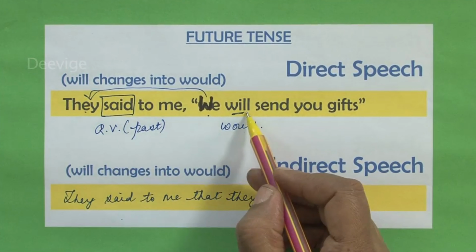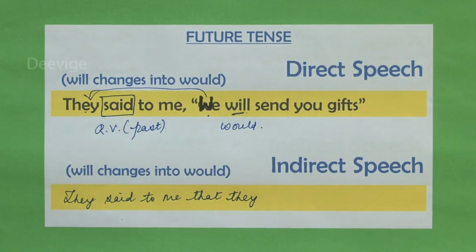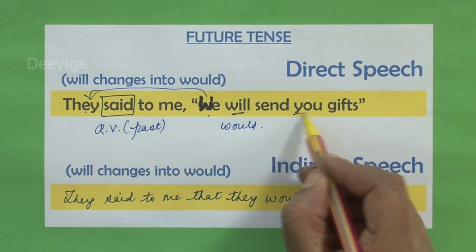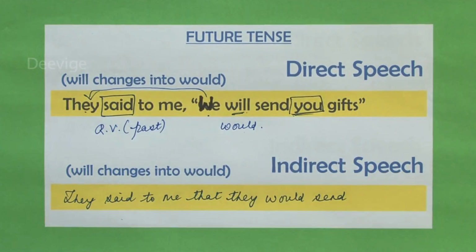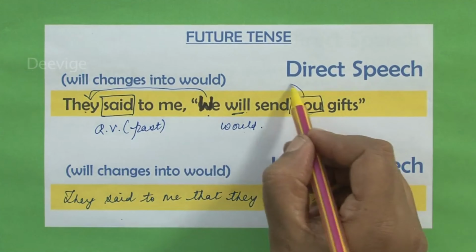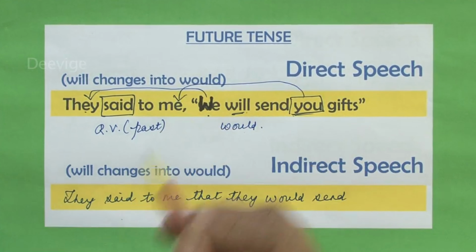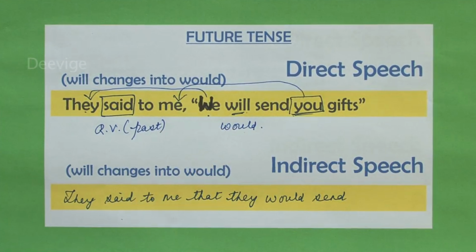Now I have already mentioned that will change to would. So they would send. Now I want you to focus your attention on this pronoun you. You is a reference to the word me. So how are you going to change this? You will be writing it as they said to me that they would send me gifts.